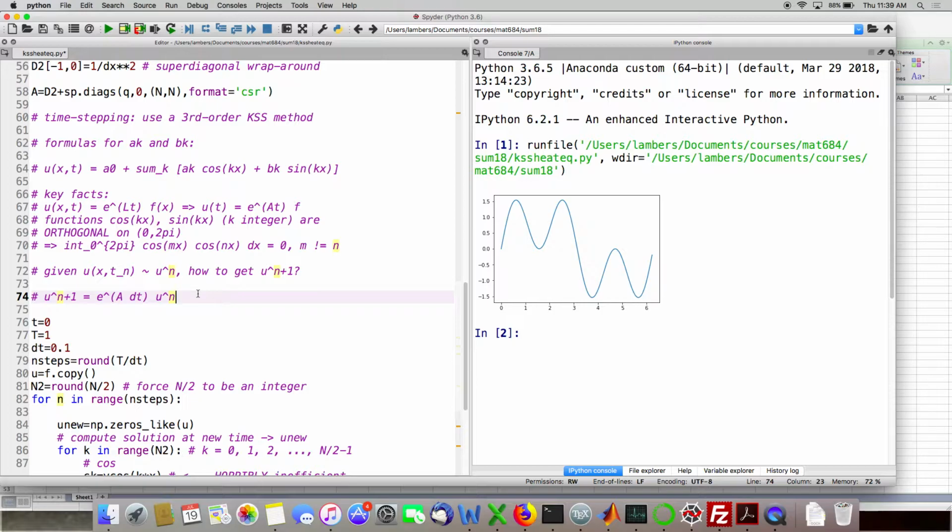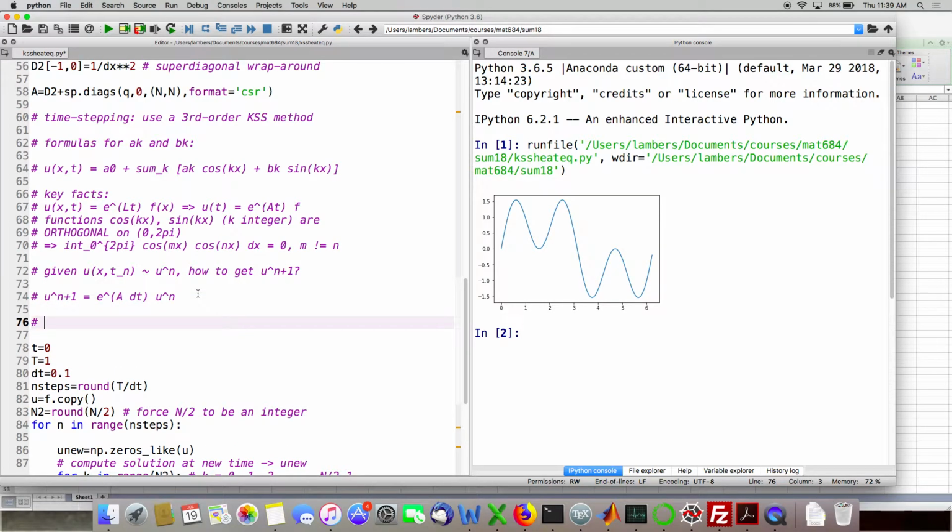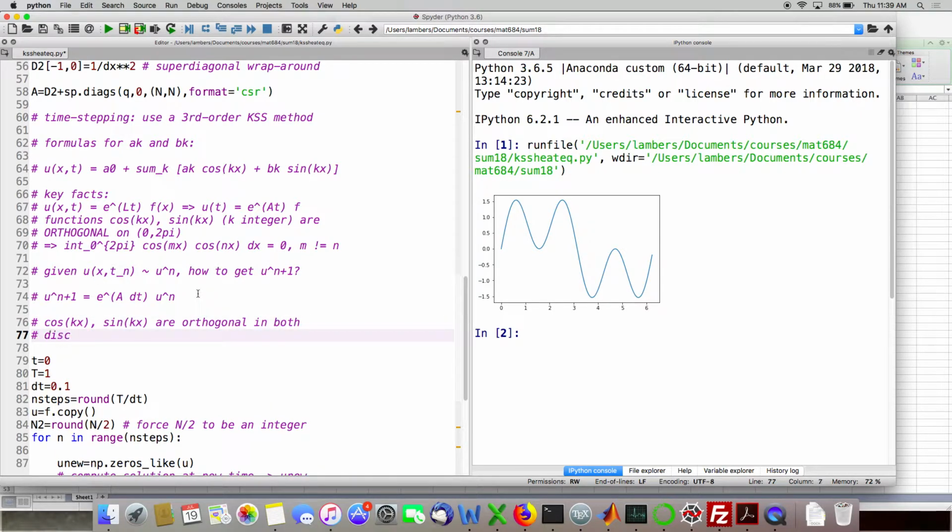So now what I can do is use the fact that cosines and sines are orthogonal in both discrete and continuous sense. So here's the orthogonality in a continuous sense. I take these cosines and sines, or cosines and cosines, or sines and sines, multiply them, integrate them from 0 to 2 pi, and I get 0.